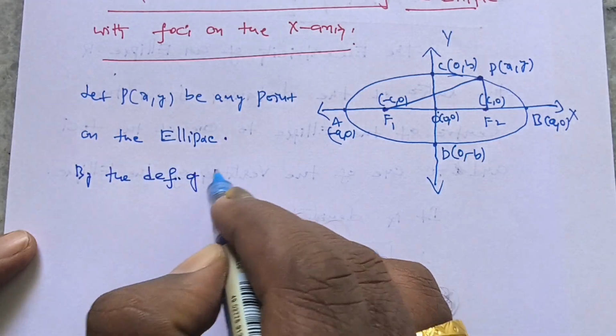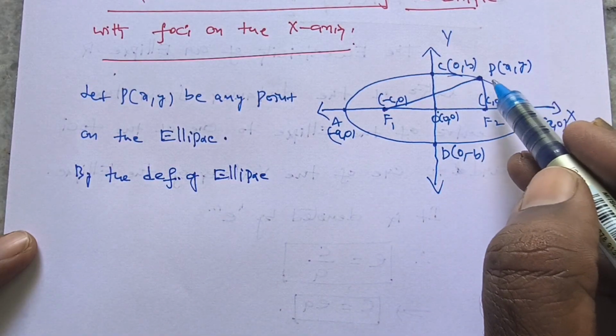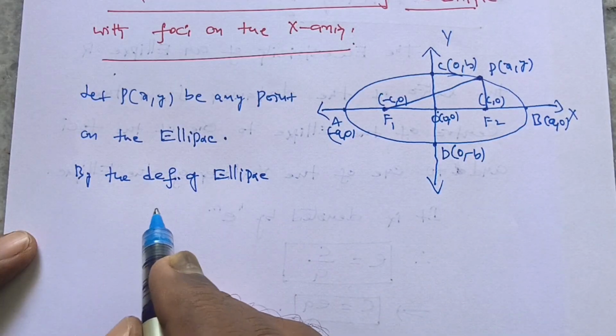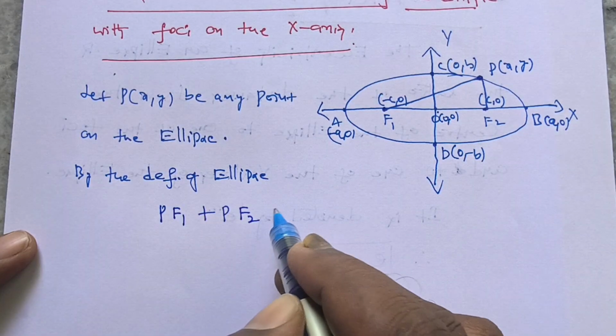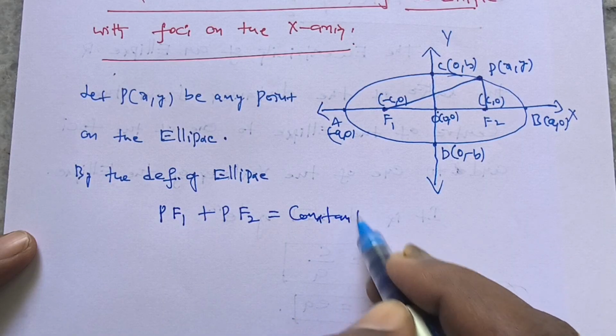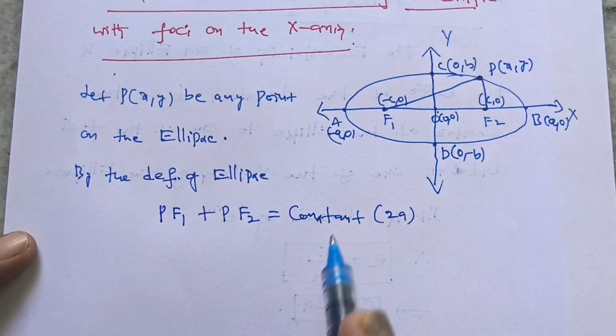By the definition of an ellipse, the distance from P to F1 plus the distance from P to F2 is a constant. So PF1 plus PF2 equals a constant. We assume that constant as 2a.